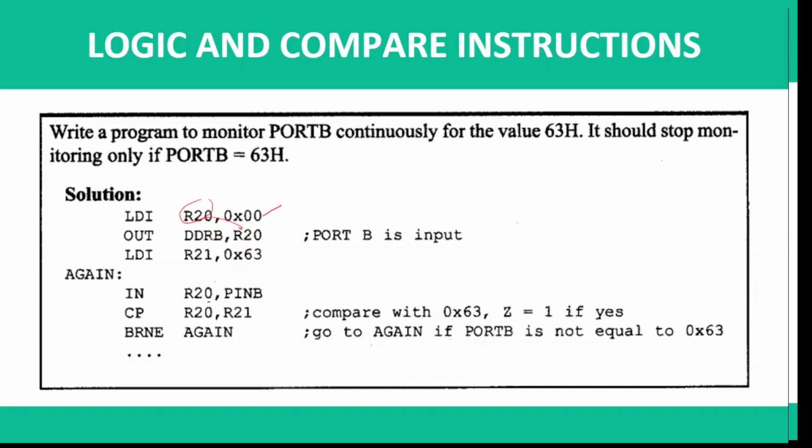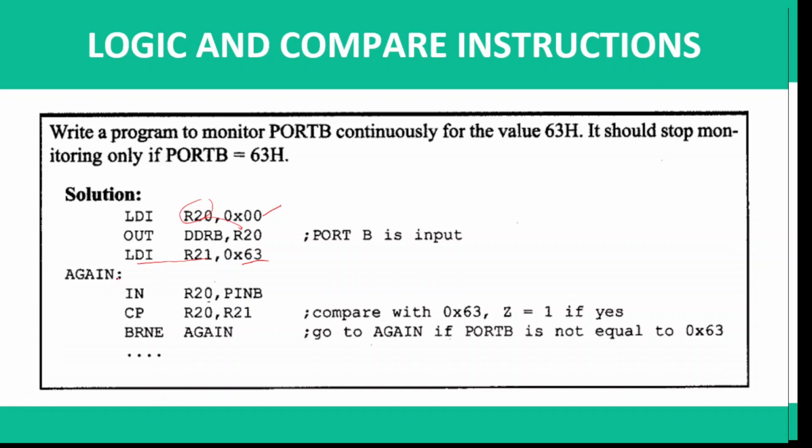So we have DDRB equal to 0, meaning this is an input already. And we have initialized the value of register 21 to 63 because this 63 would be our value of comparison. We will use register 21 to compare if the input is equal to 63H or not.